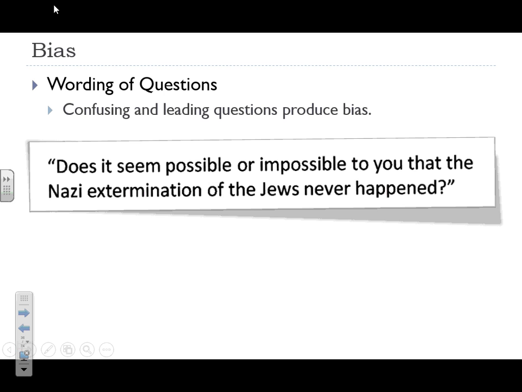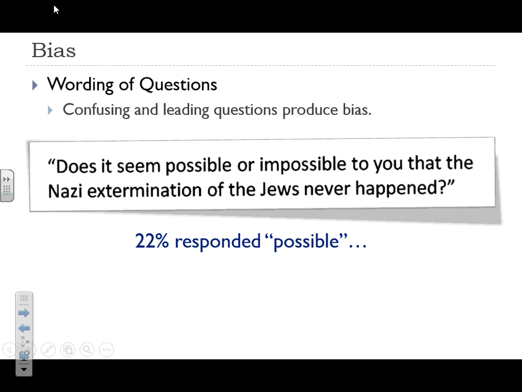In fact, when they went out and asked people this question, 22% of people responded possible. So they said, yes, it's possible that the Holocaust never happened. Because they don't understand what the question is actually asking. When they say possible versus impossible, they're not taking the time to think through what those answers mean. So the way they worded it was confusing, which led people to maybe answer it incorrectly.